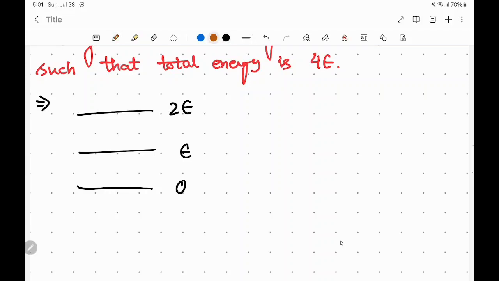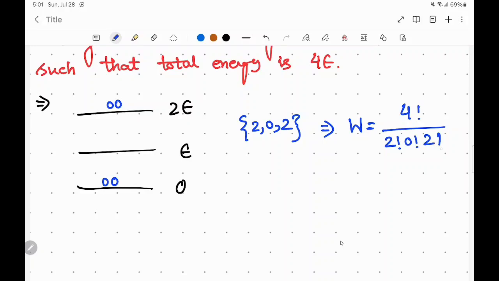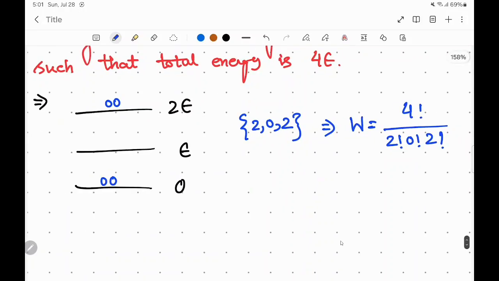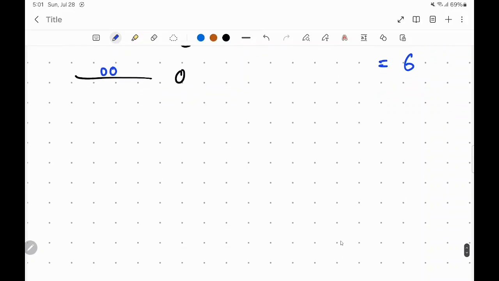So one possibility is that you can put two particles here and two particles here. So it essentially signifies 2, 0, 2, and the W will be 4 factorial divided by 2 factorial, 0 factorial into 2 factorial. So essentially it is 6. Okay, this is one orientation.